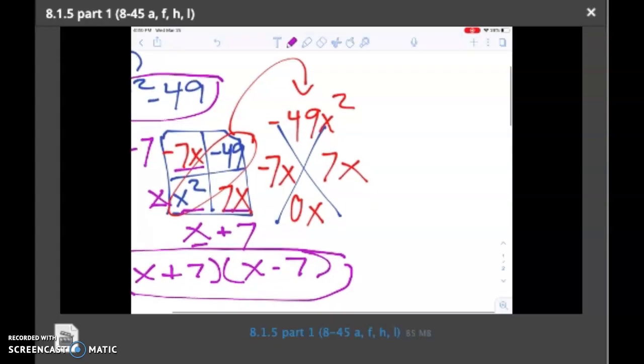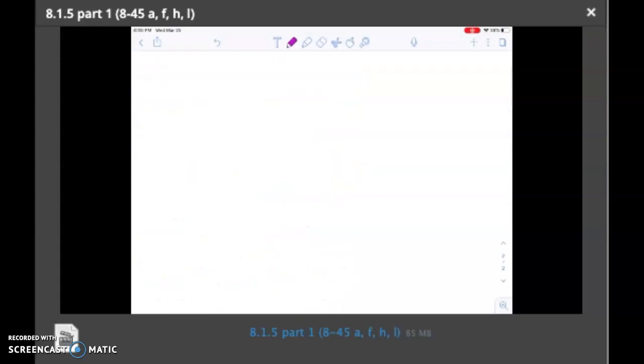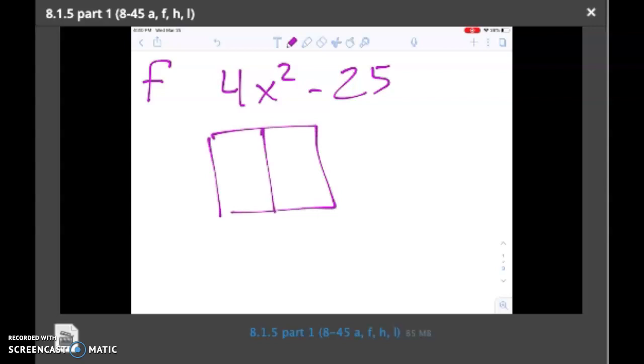All right, we're going to go ahead and try another problem. Let's do problem F from the same problem, problem 845. Problem F gives us 4x squared minus 25. I'm going to set up my generic rectangle and my diamond, x squared terms in the bottom left, ones in the top right.